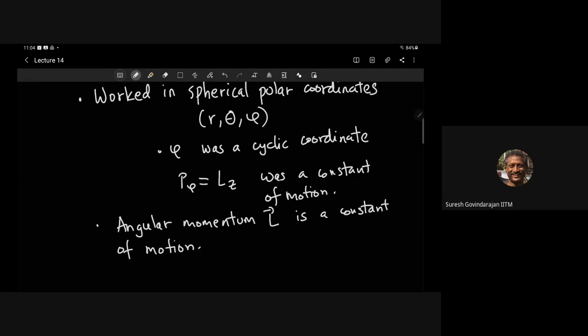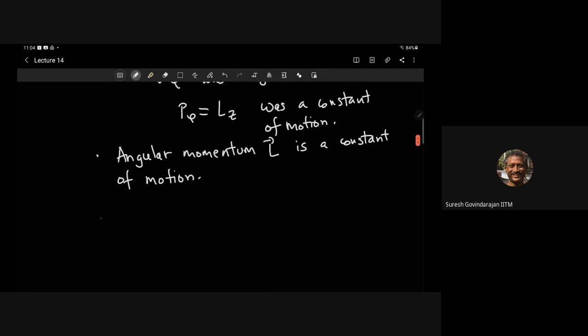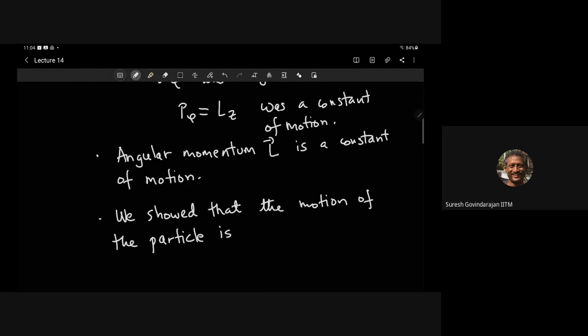Okay, and we also proved, we showed that the motion of the particle is restricted to the plane.